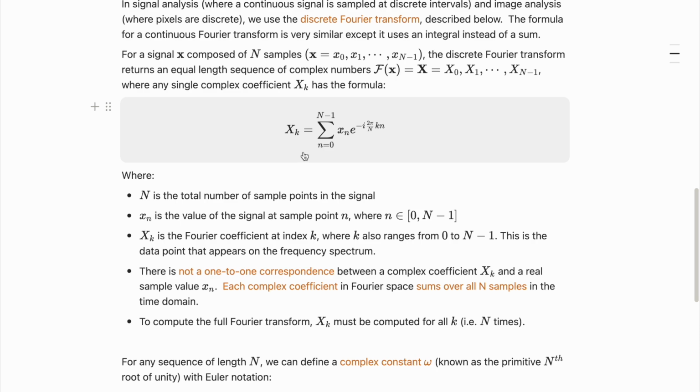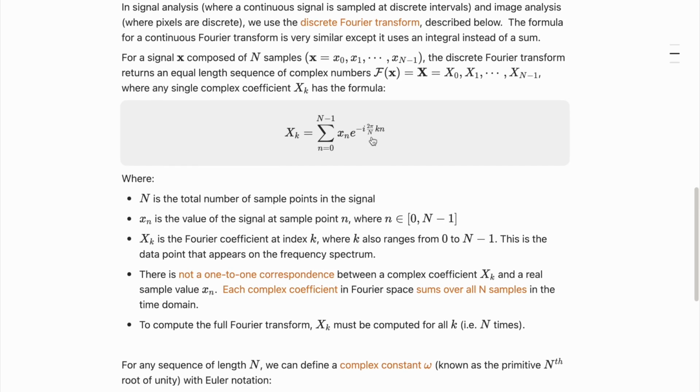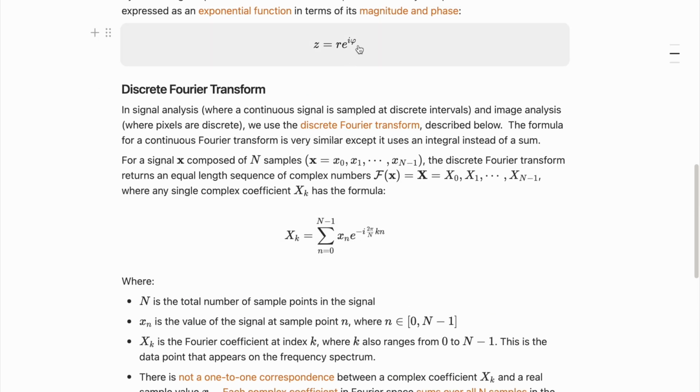So there are two important implications here. The first is that, look at this. This is an exponential function of the same form as this. And this is a coefficient like this.